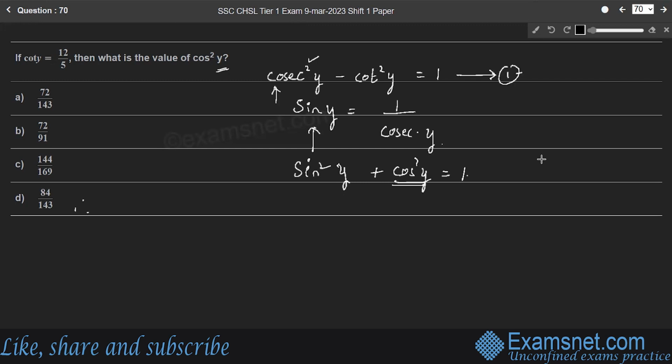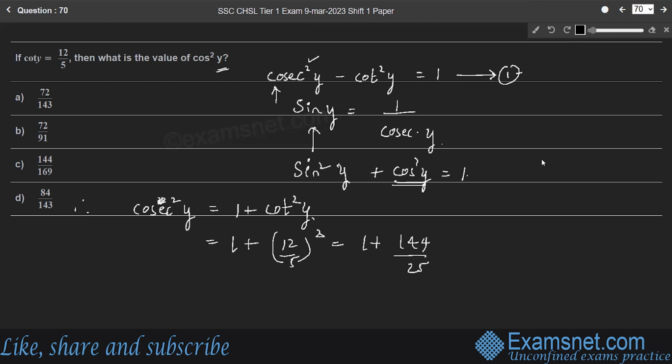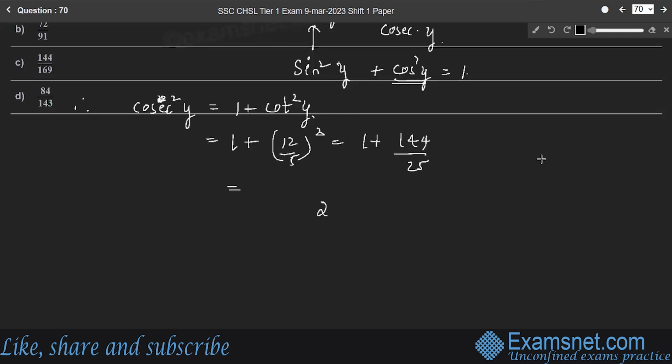Therefore, cosecant square y is equal to 1 plus cot square y. 1 plus cot square y is 1 plus 12 by 5 the whole square, since cot y is 12 by 5. 12 square is 144, 5 square is 25. Therefore, we take 25 as LCM: 25 plus 144 is 169, so cosecant square y is 169 by 25.